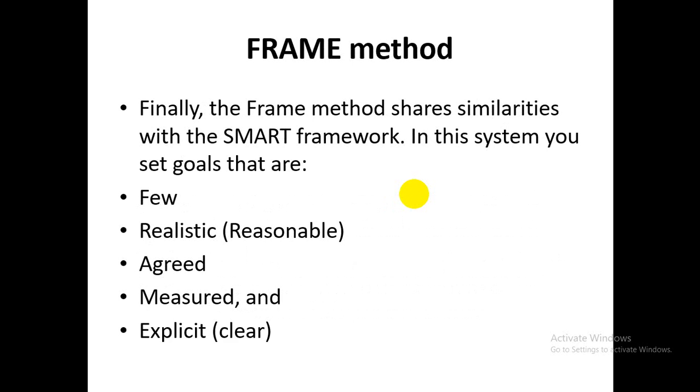The last one is the FRAME method. The FRAME method has some similarities with SMART, but with FRAME we look at few, realistic, agreed, measurable, and explicit. When I say explicit, I'm looking at clearer. When I look at realistic, those are reasonable objectives.